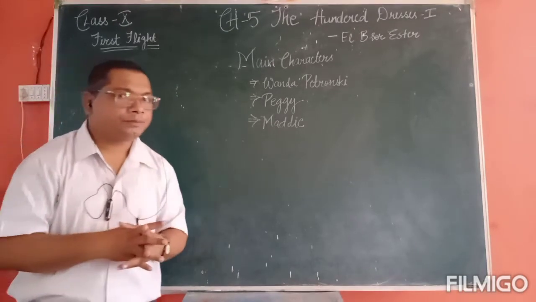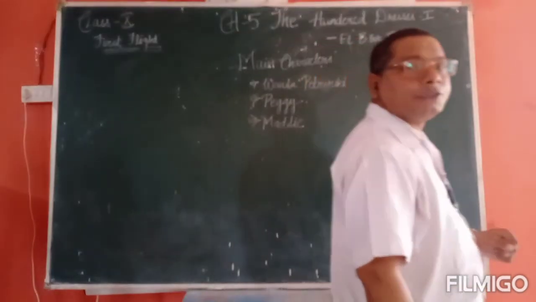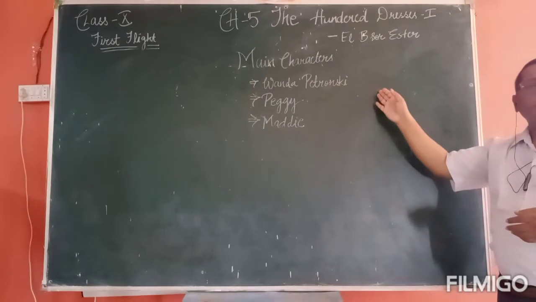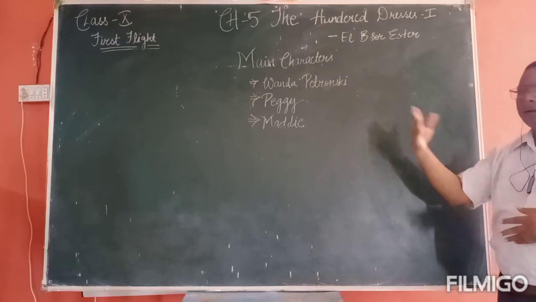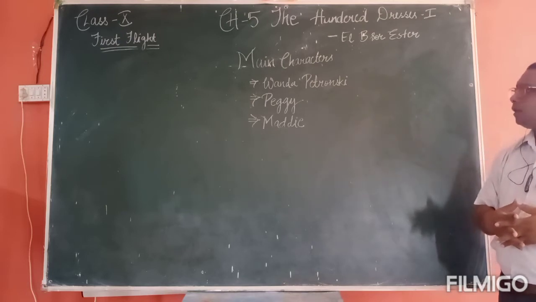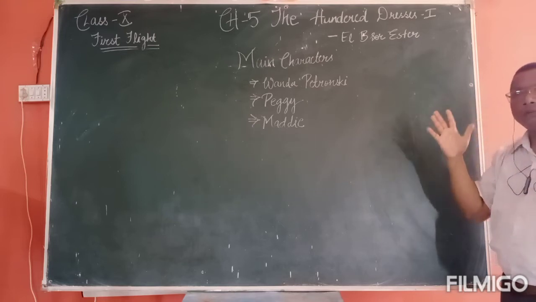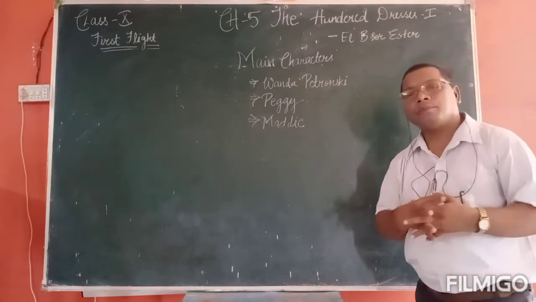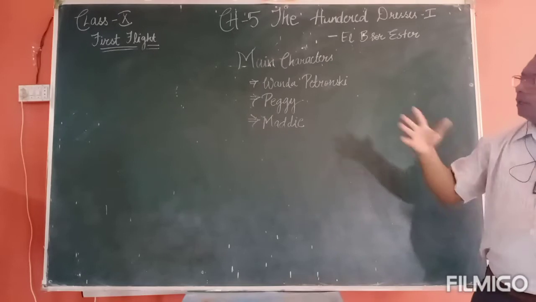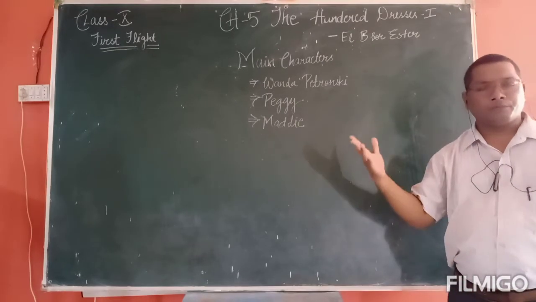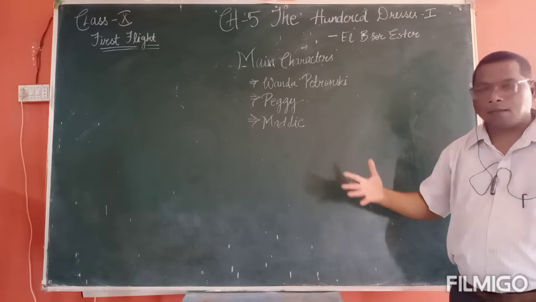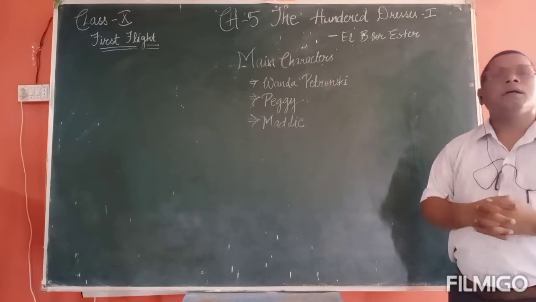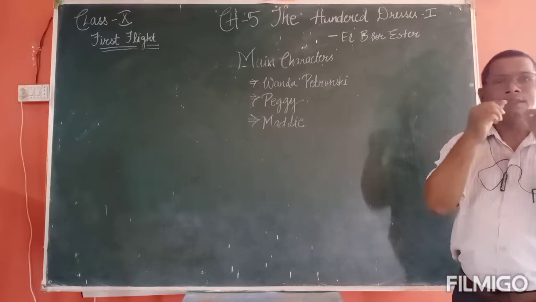What was the reason for the teasing? Her name is Wanda Petronski. She had immigrated from Poland to America. In America, there are names like John, Peter, and James, different kinds of names that are very easy to pronounce.